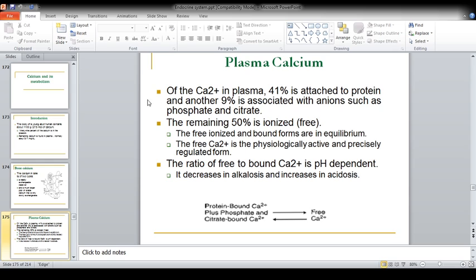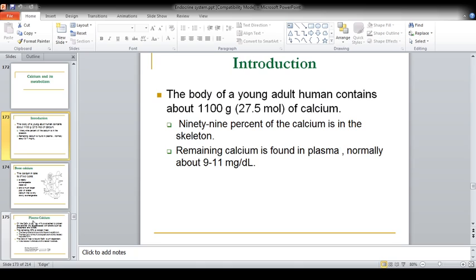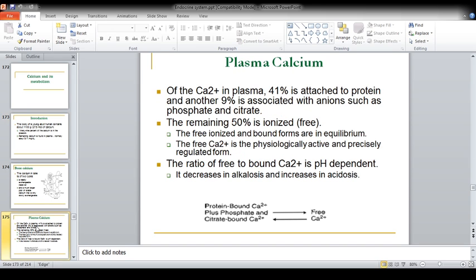The other major place where the calcium is found is the plasma. Of the total calcium, about 1% of the body's calcium is in the plasma. 41% of this calcium is attached to proteins, and another 9% is associated with anions such as phosphate and citrate.